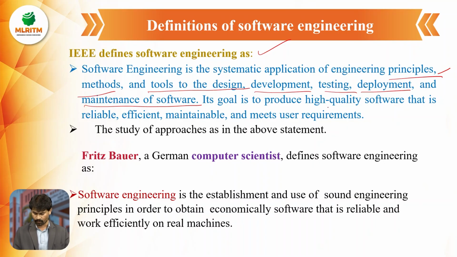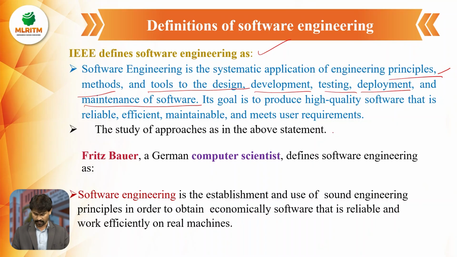Its goal is to produce high quality software that must be reliable, efficient, and maintainable and meet end user requirements. Suppose you are developing any software, it must meet end user requirements.